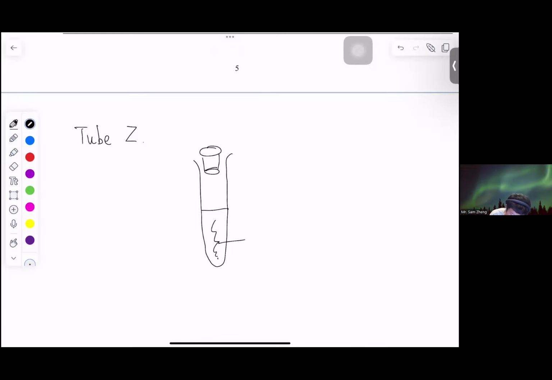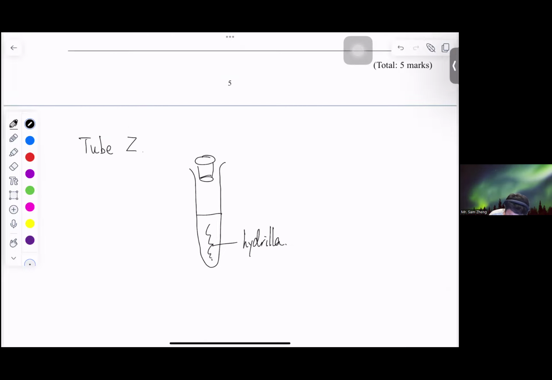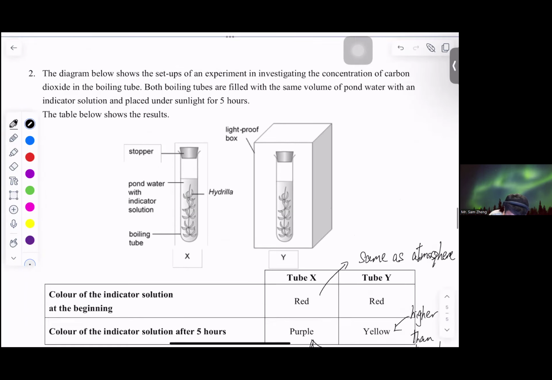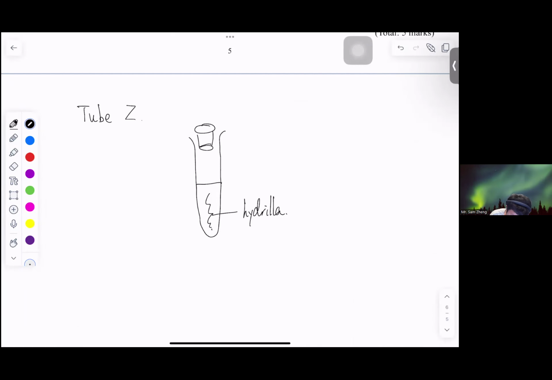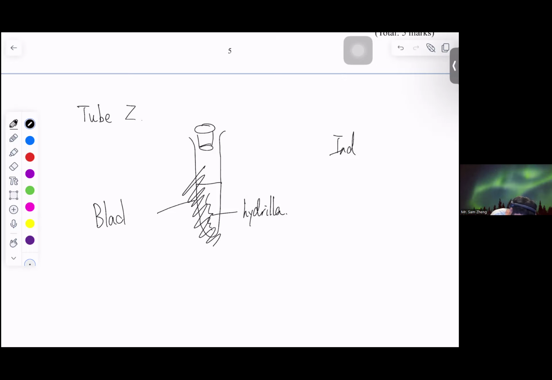This is the hydrilla. You can see that I wrap half of the tube with aluminum foil. Maybe not aluminum foil, maybe black paper.